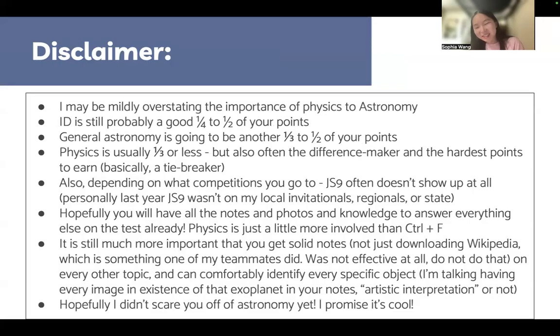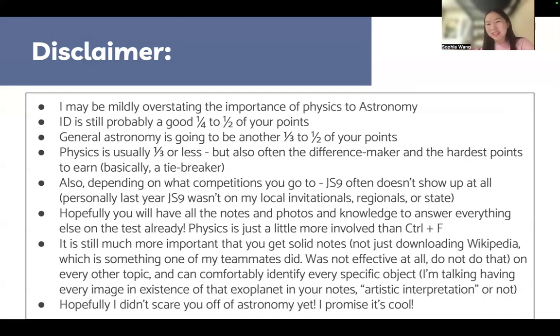I may be mildly overstating the importance of physics to astronomy, and this will probably be a relief to most of you. I'd say it is a good 1/4 to 1/2 of your points, easily. Sometimes even more. General astronomy is going to be another third to half of your points, and physics is usually 1/3 or less. The reason I'm emphasizing it is because it's harder, because everything else you can kind of just take notes for.